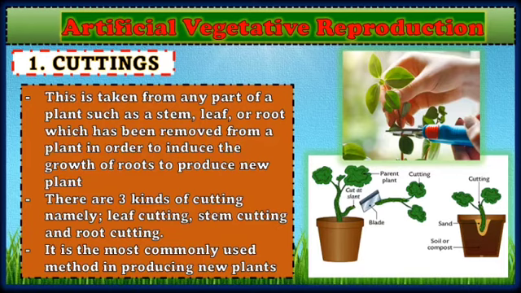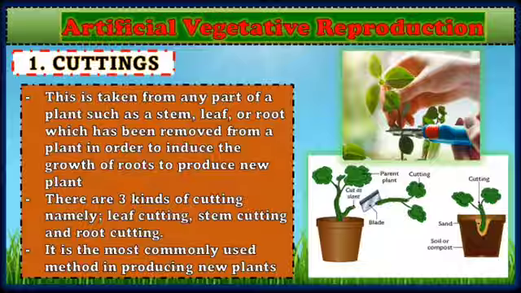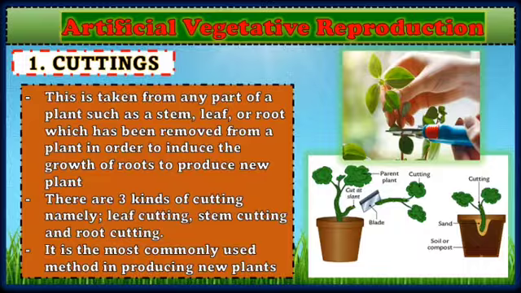There are three kinds of cutting, namely the leaf cutting, pwede sa kanyang leaf, stem cutting, and root cutting. So, pwedeng mabuhay yung mga yun kahit saan dyan mo ikakat. It is the most commonly used method in producing new plants. So, yan yung nakasanayan natin ginagawa. Yan yung common na ginagawa ng mga nanay natin para maparami yung mga halaman natin.